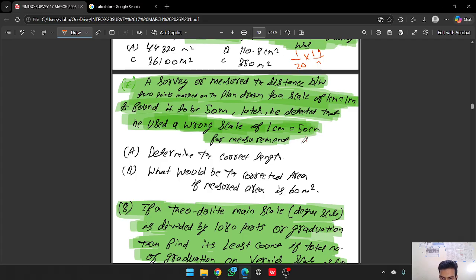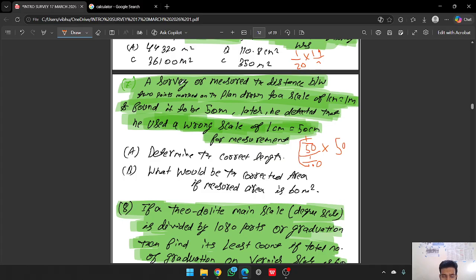Wrong scale 1 upon 50, upon 1 upon 100. Found measure value 50.